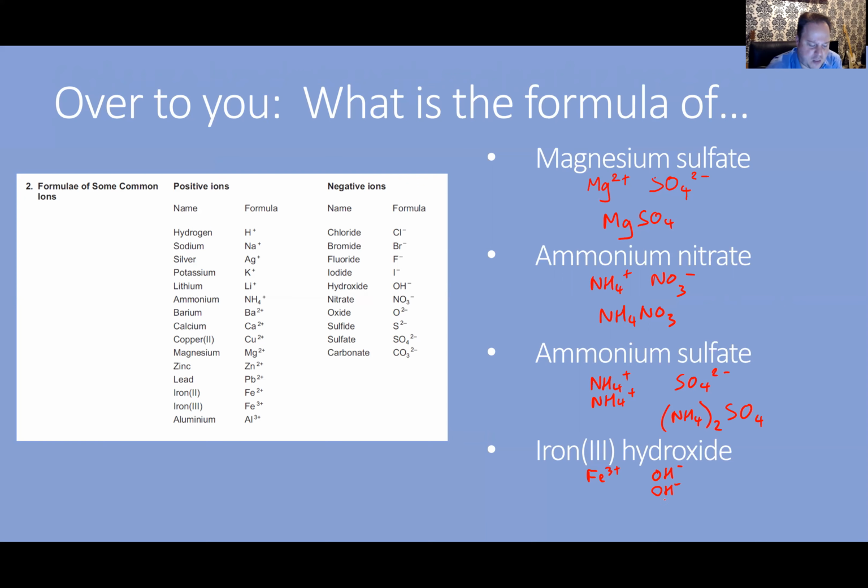We need 3 lots of negative charge to balance out the positive and the negative. So iron 3 hydroxide contains 1 iron 3 ion and 3 hydroxide ions. So its formula will be Fe(OH)3.